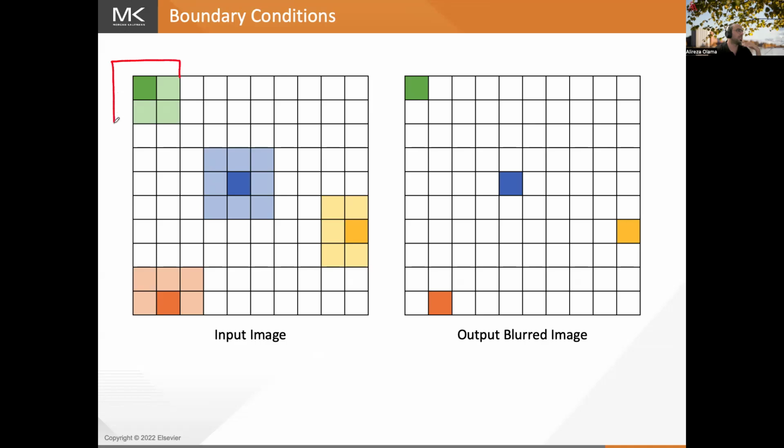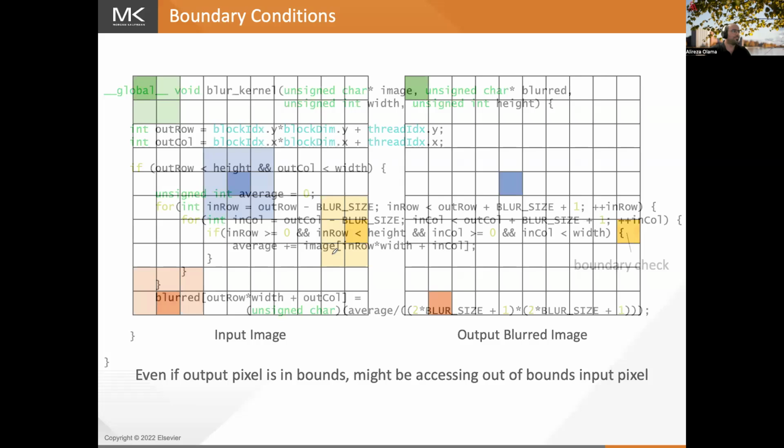So if I'm working with this pixel, I have these pixels as well, but these are outside of my image when I'm working with these corner cases, like here, here, here, right?